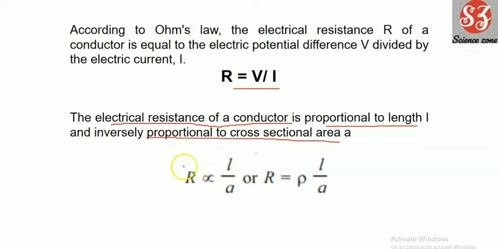So the electrical resistance of the conductor is directly proportional to L divided by A, that is cross sectional area, which is also given by R equals kappa L upon A. So this is a very important formula that you need to remember, that is R equals kappa L upon A. Where R is the electrical resistance of the conductor, kappa is the resistivity, L is the length, that is the distance between the two electrodes, and A is the cross sectional area. So this formula is important.